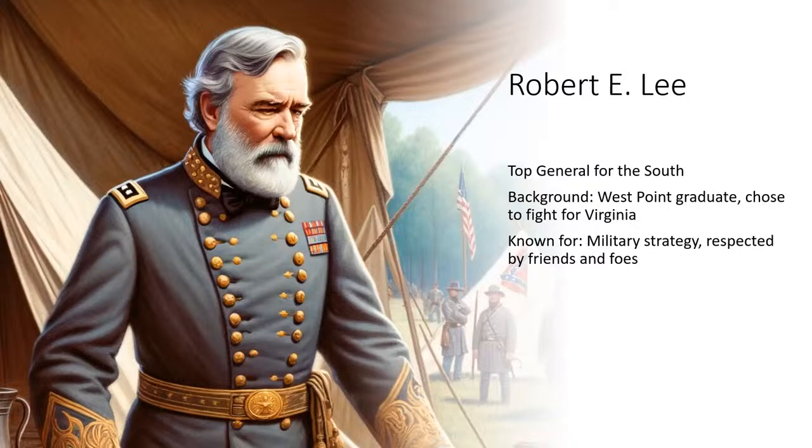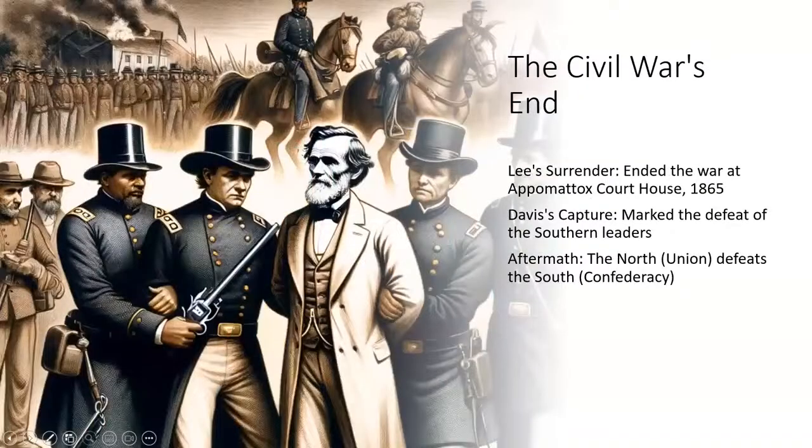Even Union leaders on the other end of the whole debate, like Ulysses S. Grant, recognized the limitation of Davis's leadership compared to Lee. Well, as history tells us, the outcome of the war was the eventual surrender and capture, Lee's surrender and Davis's capture, and that marked the defeat of the Southern leaders.